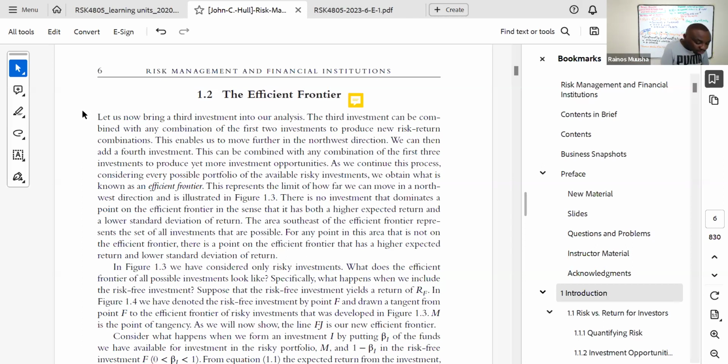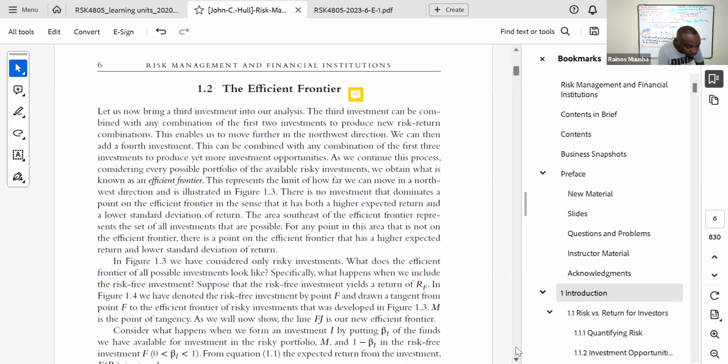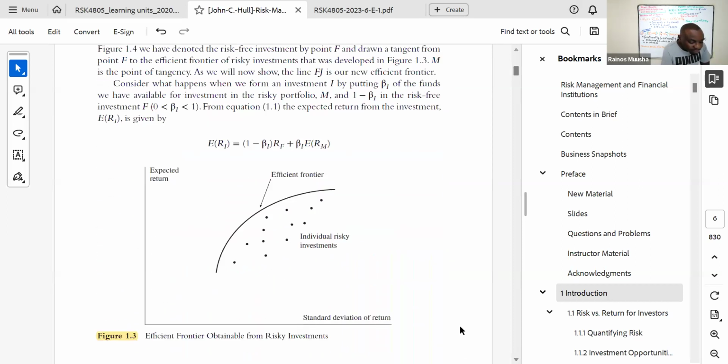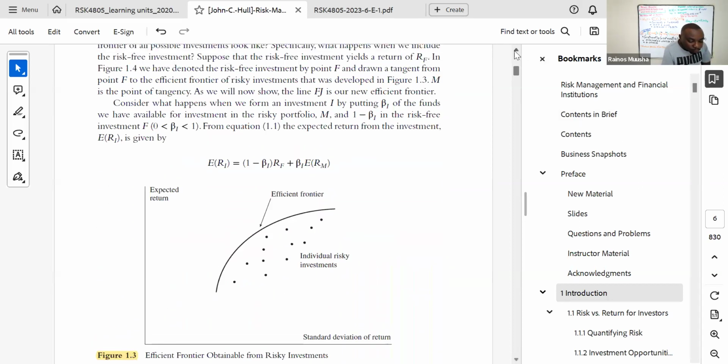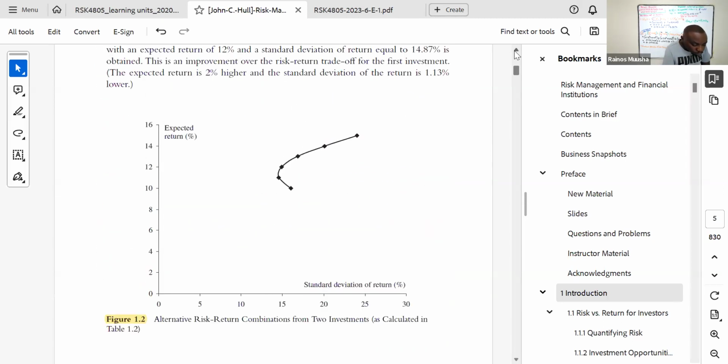So when it comes to the efficient frontier, we need to find out how an investor ends up coming up with an efficient frontier. If you go to the graph that we have here, there's a problem that we're already seeing. Remember we said, for this risk that one is taking, we're expecting the expected return to be this.